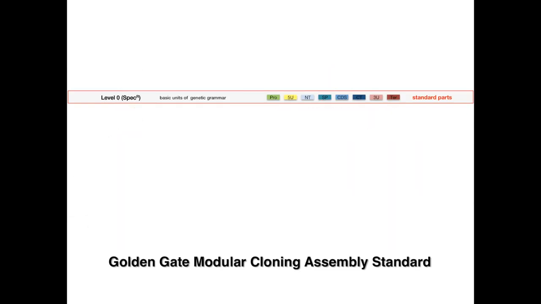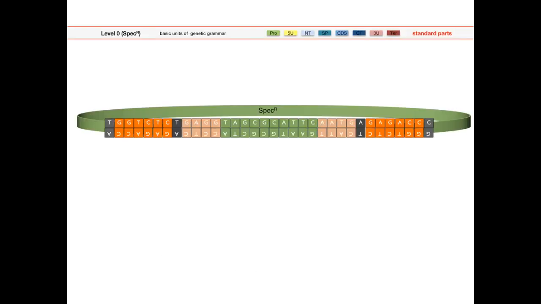Level 0 vectors contain standard parts. Each type of standard part contains a basic unit of genetic grammar such as a promoter, 5' untranslated region, N-terminal tag, signal or target peptide, coding sequence, C-terminal tags, 3' untranslated region, or terminator.